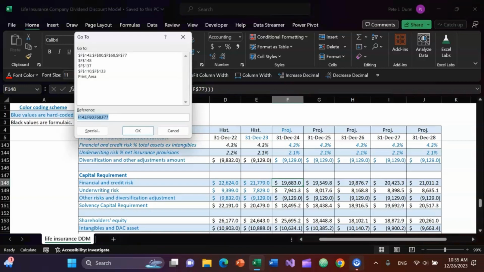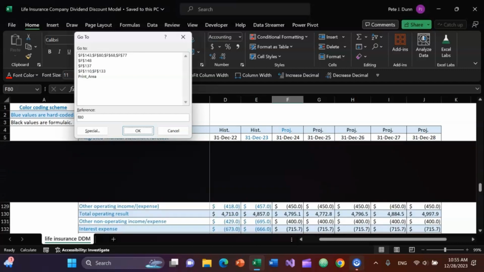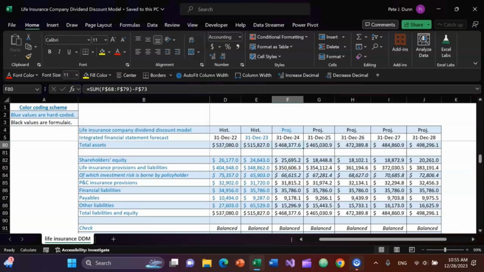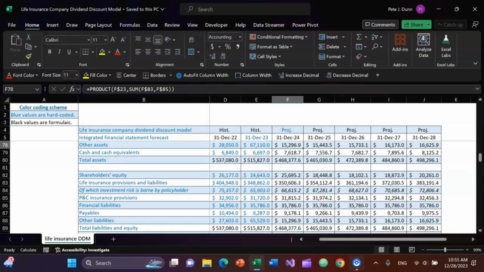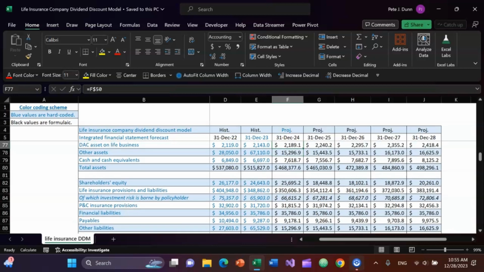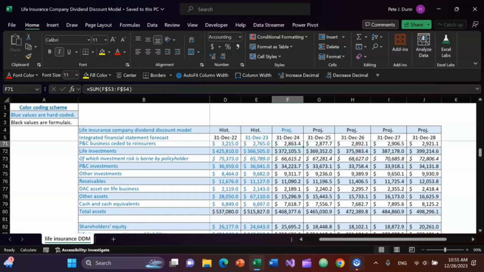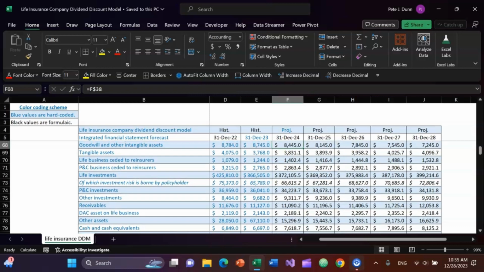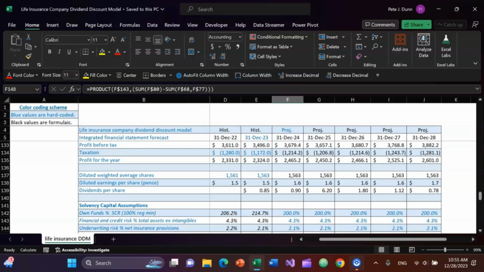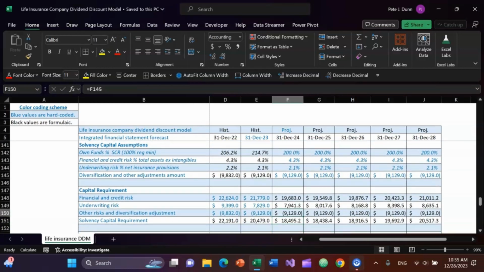So I can come up there, F80, which was total assets minus the DAC asset and minus the goodwill. So in other words, excluding intangibles. So by excluding the intangibles from the total assets, you're able to write that out.